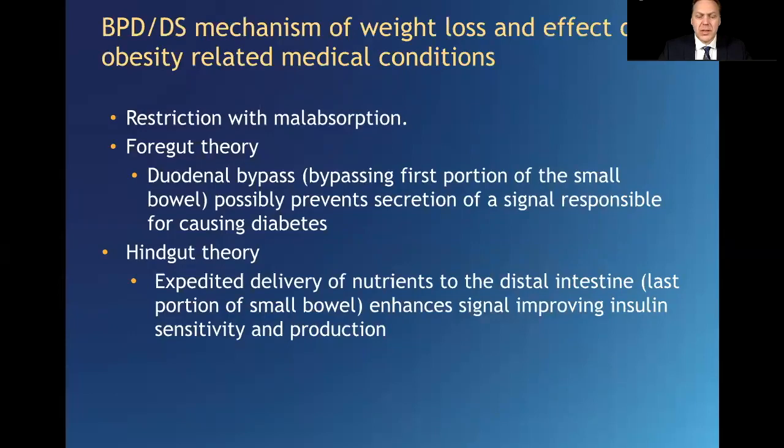The foregut theory basically says that by bypassing the first portion of the small bowel, we are possibly preventing some kind of magic signal secretion that actually promotes or causes diabetes. The hindgut theory has to do with the last portion of the small bowel, and basically says that expedited delivery of nutrients, or nutrient chyme, to the distal intestine, which is the last portion of the small bowel, enhances some signals, improving insulin sensitivity and production, therefore resolving diabetes, and in turn also improving cholesterol and obviously the cardiovascular profile as well.